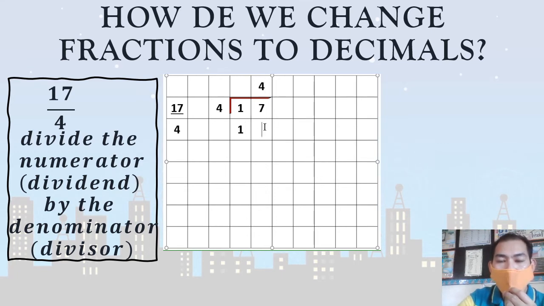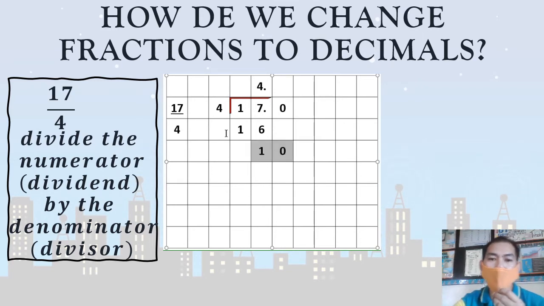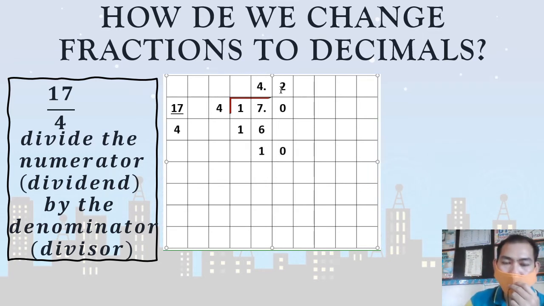Okay, so there are four fours in 17. Then 4 times 4 is 16. 17 minus 16 is 1. So we don't use remainder. So we will put a decimal point and another decimal point on the quotient. Then we will add 0. Then bring down that 0 to make it 10. So how many 4 are there in 10? So we have 2.